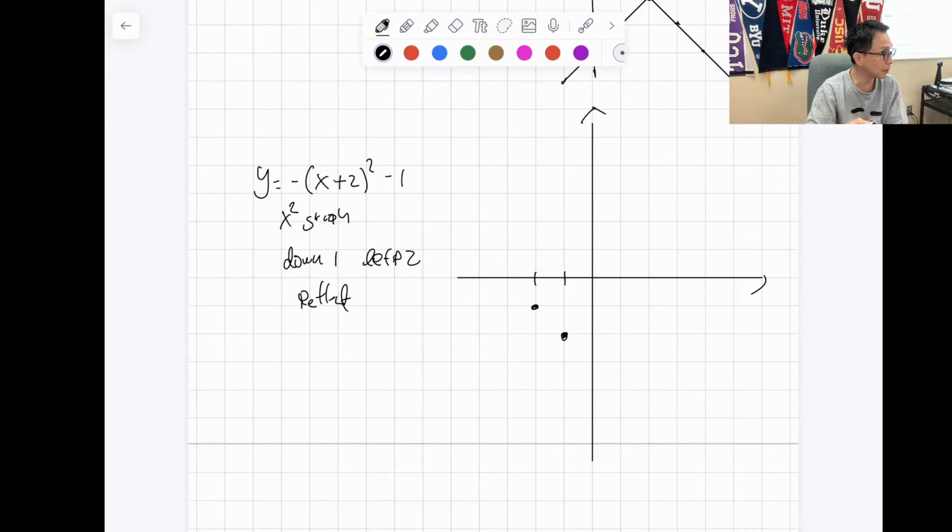If you plug in 2, it's 4, so it's 4 units apart. So it's right here. Does that make sense? And of course this keeps on going if I have no restriction. Got it? Good?